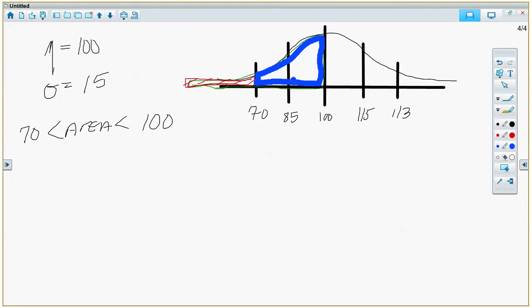And that's what you want. So when you're talking about between, you got to take the smaller area away from the what? The larger area, yes. Okay? So we got to change 100 into a z-score, and we got to change 70 into a z-score, find the area for both, and then subtract.